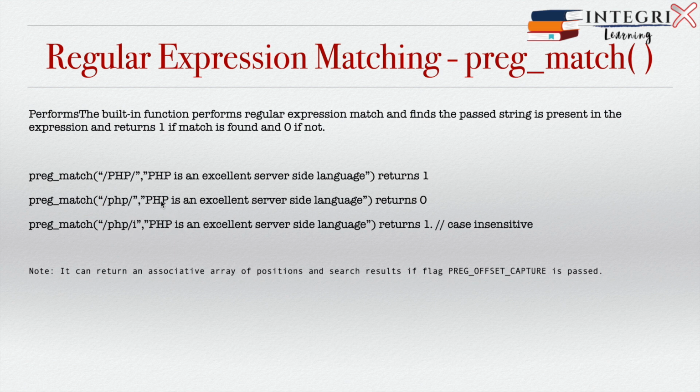In this case we will pass the same string. However, this time it returns 1. The preg_match function can also return an associative array of positions and search results if we pass the flag PREG_OFFSET_CAPTURE in calling preg_match.